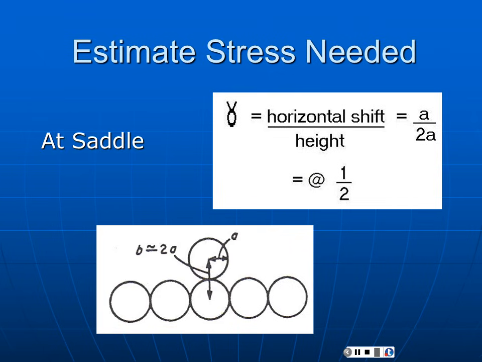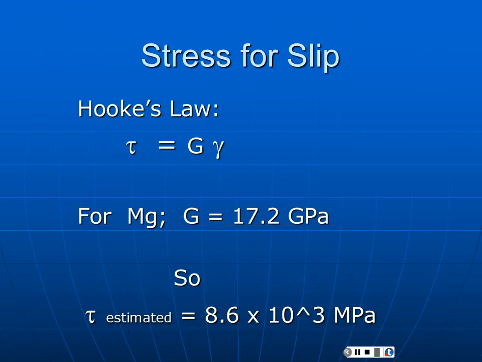Now let's use Hooke's law. Here's Hooke's law for shear: shear stress, shear strain, shear modulus. For magnesium, the shear modulus is about 17.2 gigapascals. So I put a half in here for the strain, multiplied by 17.2. The shear stress that should have caused this is about 8,600 megapascals, or 8.6 gigapascals.